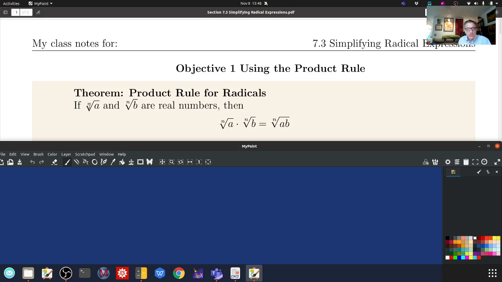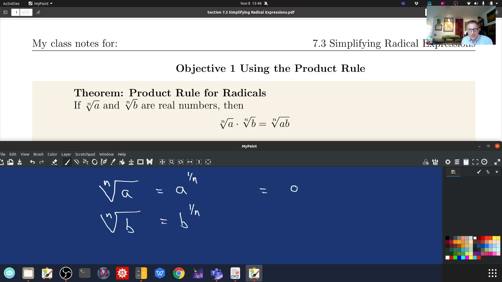So if the nth root of a and the nth root of b are real numbers, then the nth root of a times the nth root of b is equal to the nth root of a times b. And we can easily show that, because if you recall, the nth root of a is equal to a to the 1 over nth power, and the nth root of b is equal to b to the 1 over the nth power.